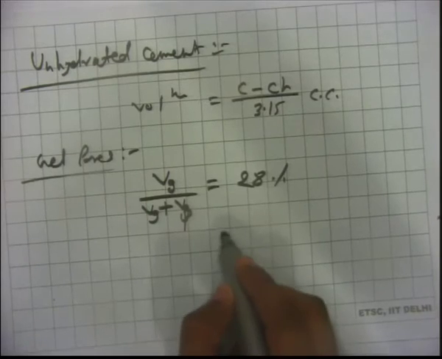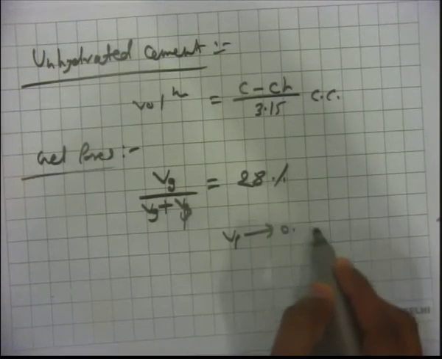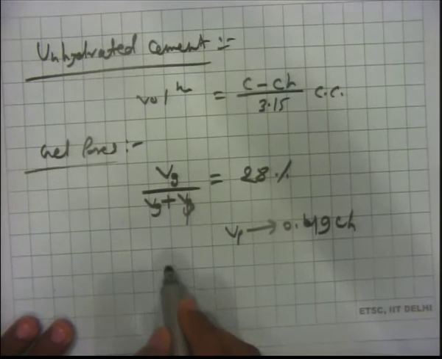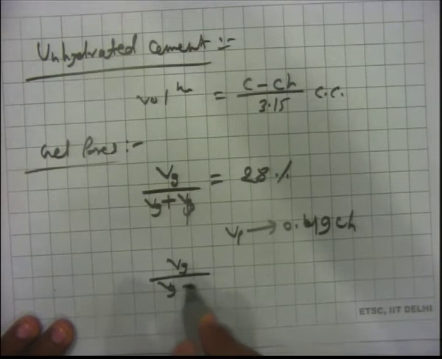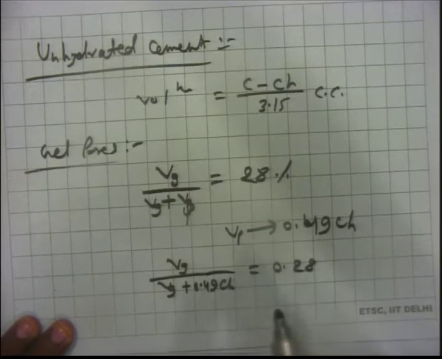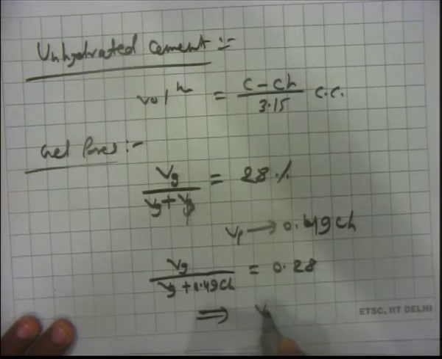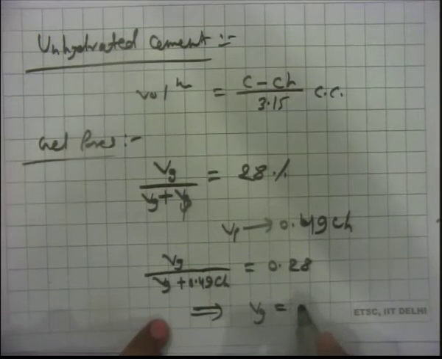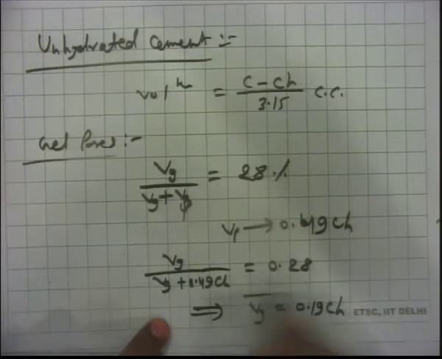VP we have already calculated, which came out to be 0.49 CH. So the only unknown is Vg. Vg upon Vg plus 0.49 CH is 0.28. From here we can calculate the volume of gel pores, which will come out to be 0.19 CH.